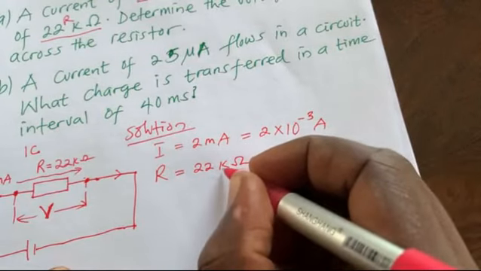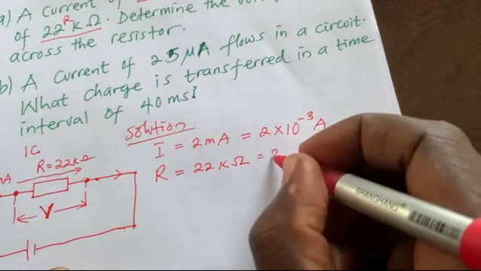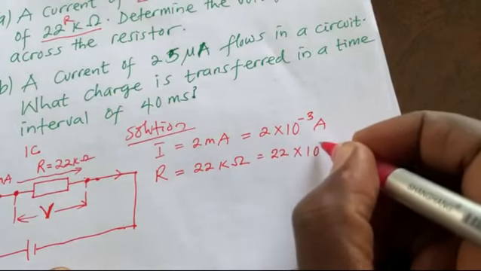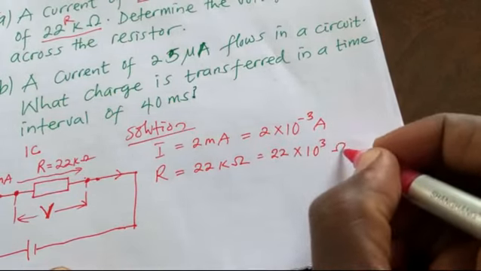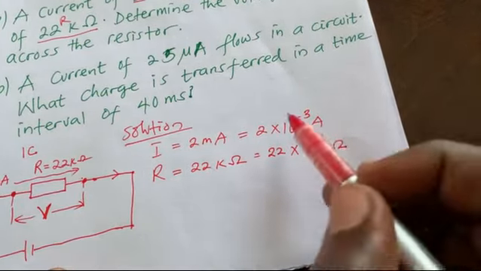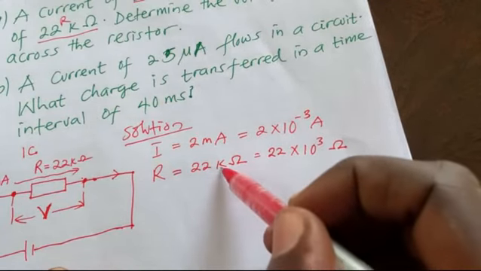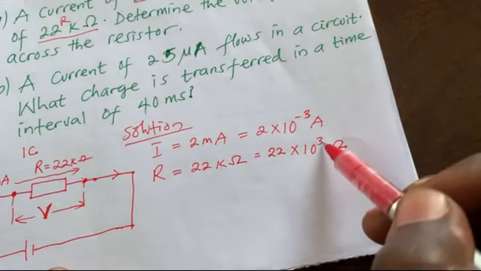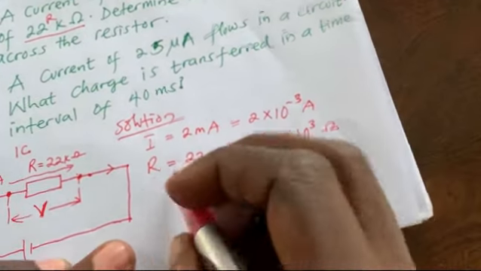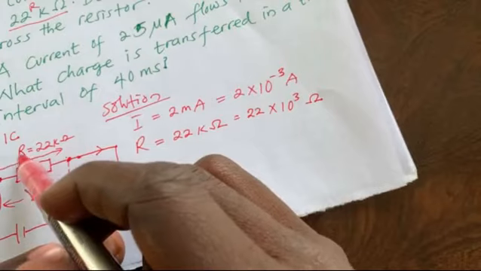The kilo here is for 1,000, 10 raised to the power of 3. So this is 22 times 10 raised to the power of 3 ohm. Now they are in SI units. So look at it carefully. The milli is 10 raised to the power of minus 3, but the kilo is 10 raised to the power of positive 3.